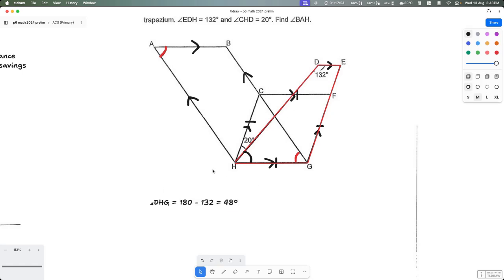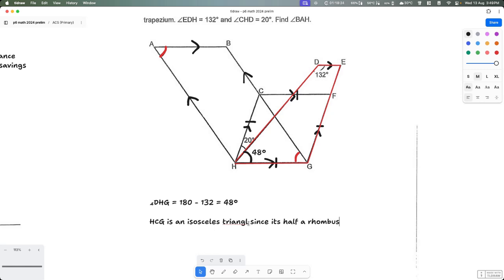The next thing is that we also know that half of a rhombus, which is this whole thing, is an isosceles triangle. So HCG is an isosceles triangle since it's half a rhombus.